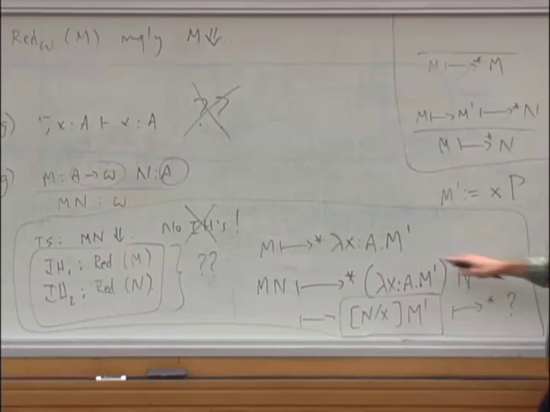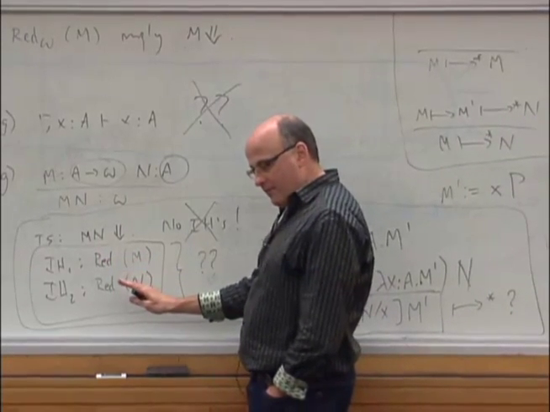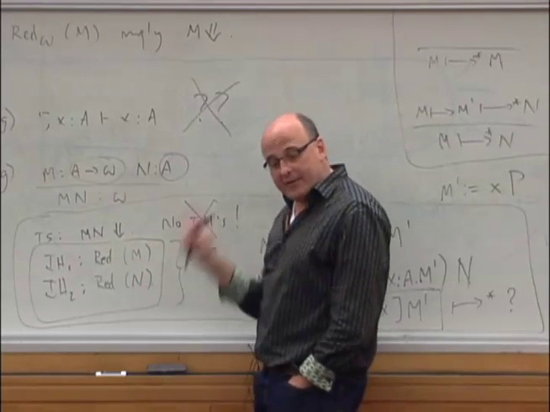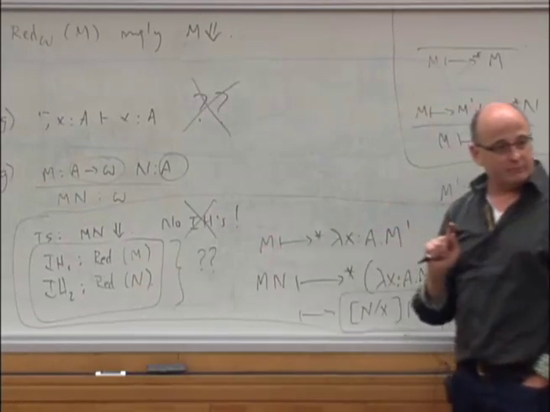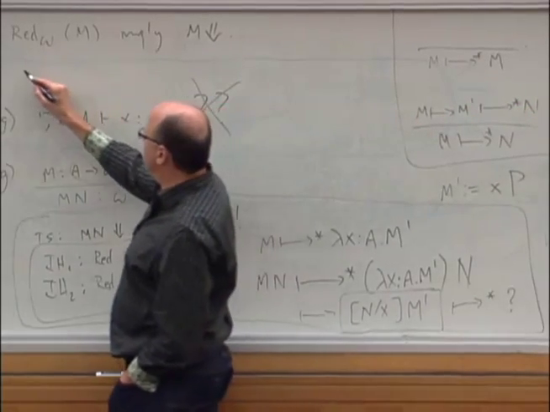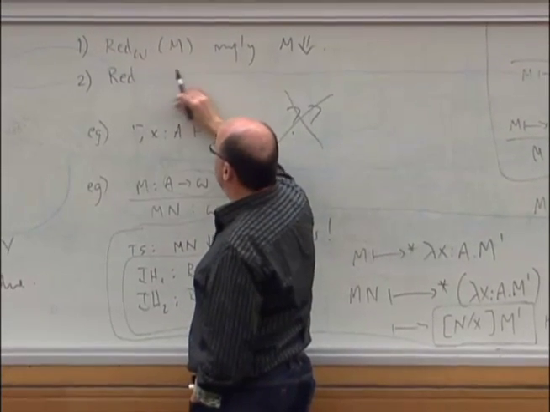What I want is to have reducibility be strong enough so that reducibility of M together with reducibility of N implies the reducibility of M N. I'm going to take that as a condition. In fact, it's going to end up being a definition, and now you'll see why the types come in.